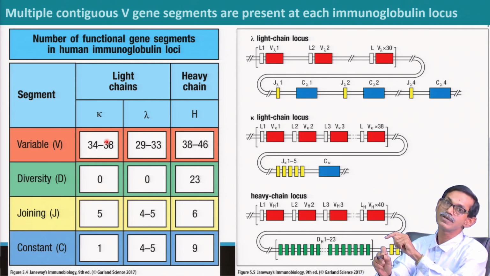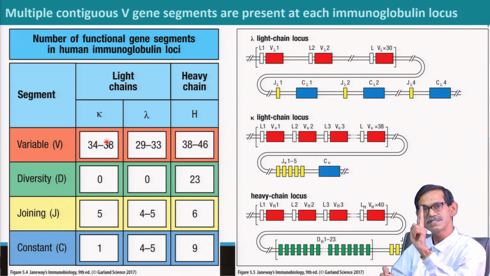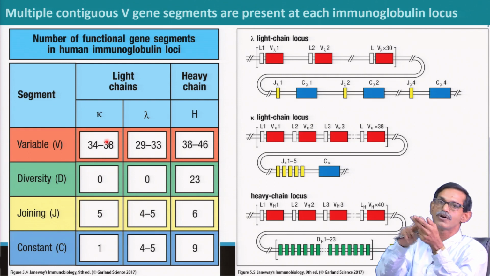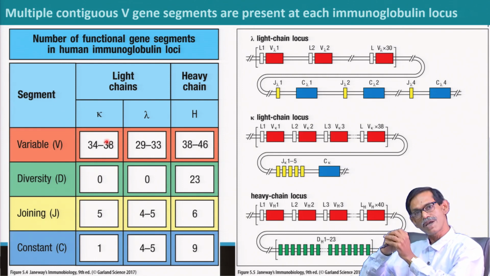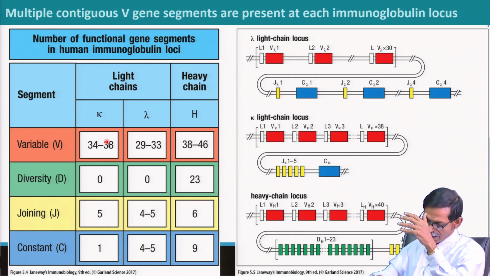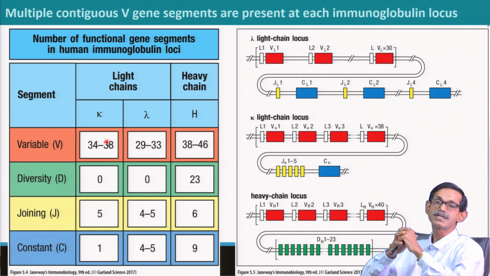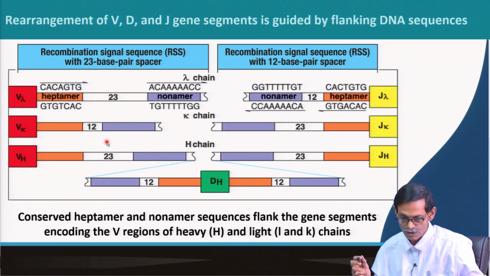One V joins with only one J in the light chain, one D joins with only one J, and then this DJ combination joins with only one V. Why are there no multiple V segments in one antibody variable region, and no multiple D or J? How is it regulated?